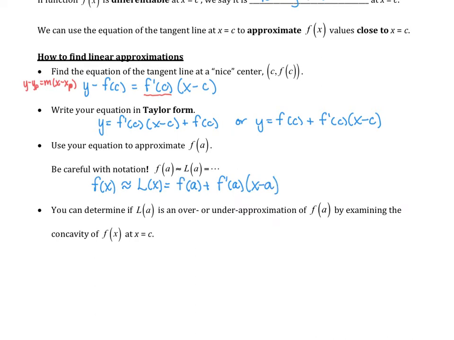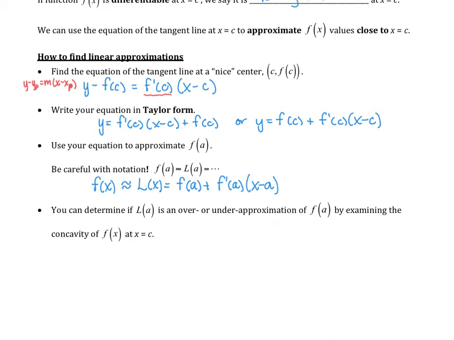Now, sometimes it's important to know if what we're estimating is an overestimate or an underestimate, an over approximation or under approximation. All of that is based on the concavity of the function at x equals c.